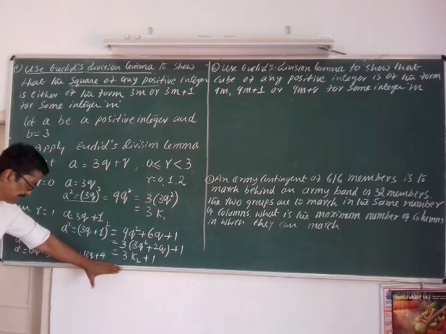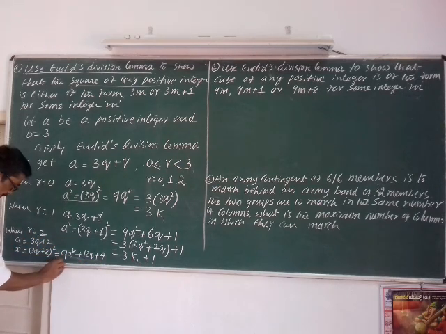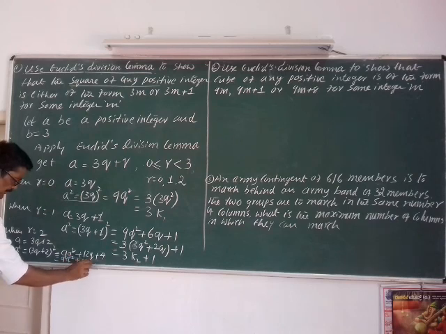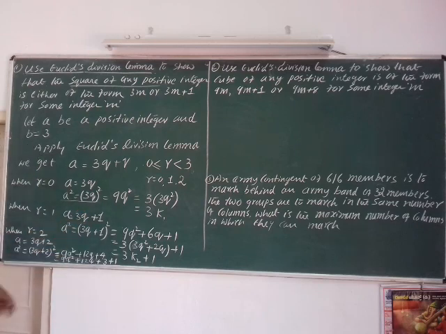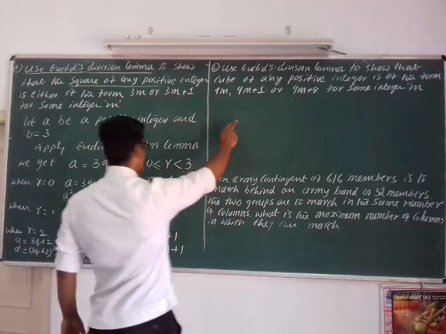For our convenience, we can't take 3 as common factor from 4. So for our convenience, you write this 4 as 3 plus 1: 9q square plus 12q plus 3 plus 1. Now you can take 3 as common factor from these 3 terms.